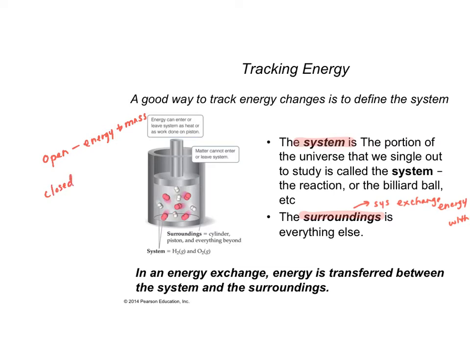Second type of system is called a closed system, right? So in a closed system, we can exchange energy, but no mass. So matter cannot be exchanged with the surroundings in a closed system. Third type of system is isolated. Okay, an isolated system cannot exchange energy or mass.